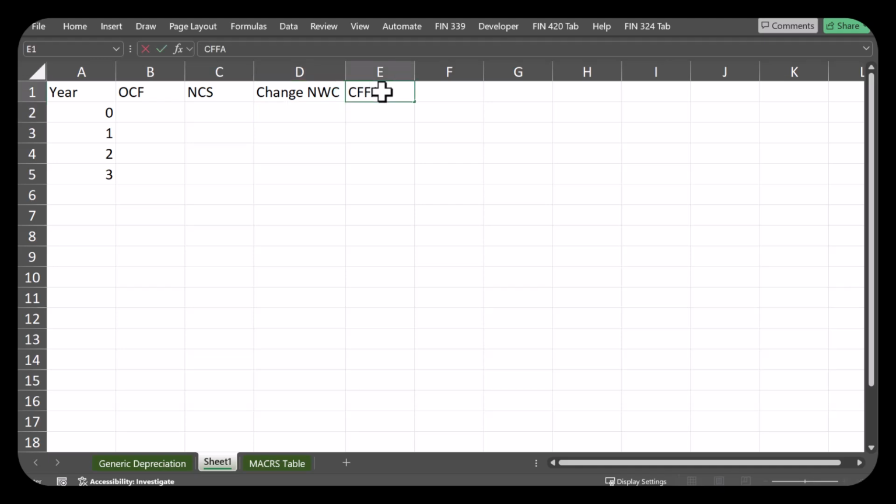We will calculate CFFA. Well, year 0 OCF is 0, so let's just leave it blank.